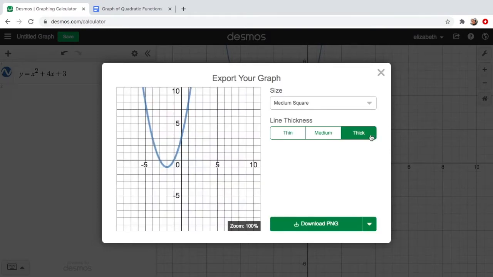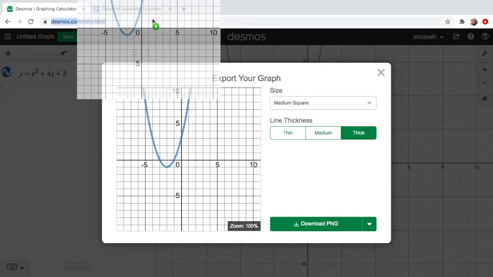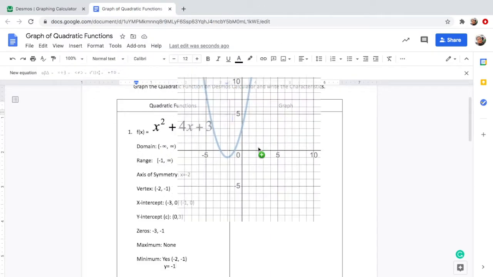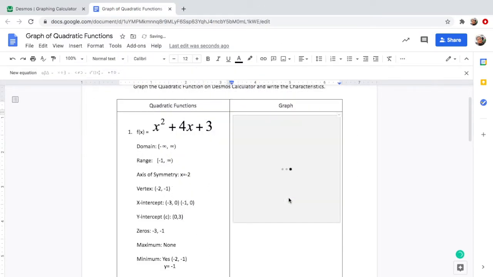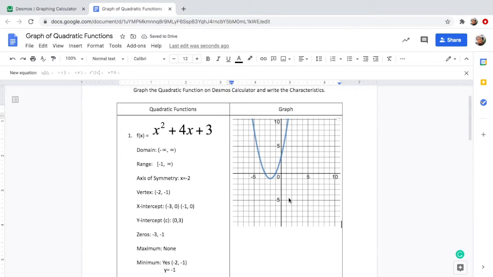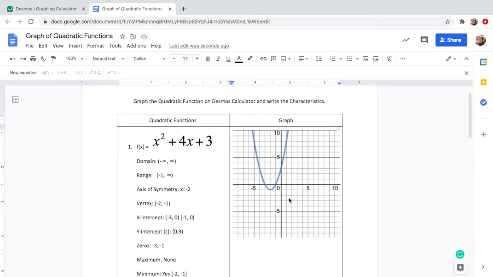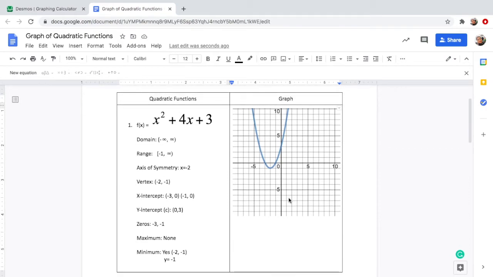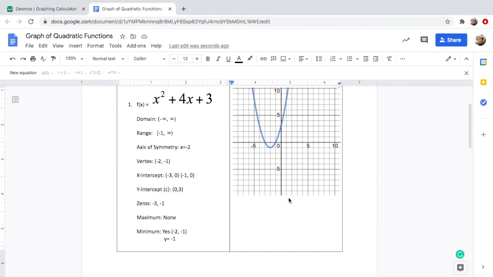Again, I want to make it thick. Don't download, don't screenshot, but you can simply drag it and go to your worksheet and here's your graph. Alright, so this is how you graph a quadratic function on Desmos calculator and how you identify its characteristics.